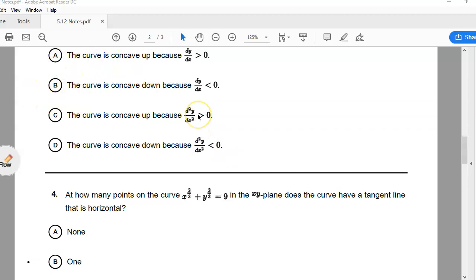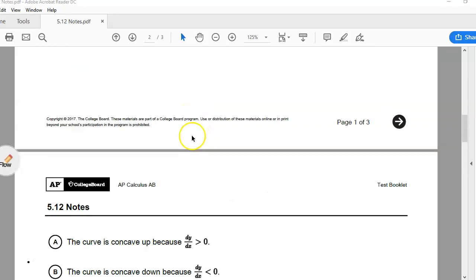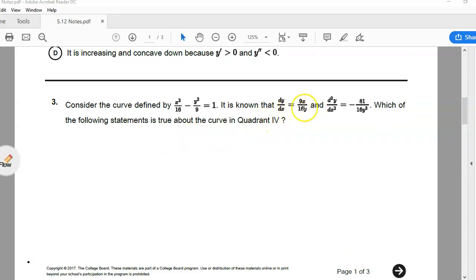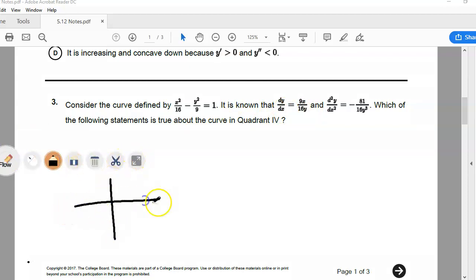So we really just want to know what the sign of the second derivative is. So they gave you this first derivative as a distractor. You're not going to use it at all. In the fourth quadrant, which is right here, we have a positive x value and a negative y value, right?